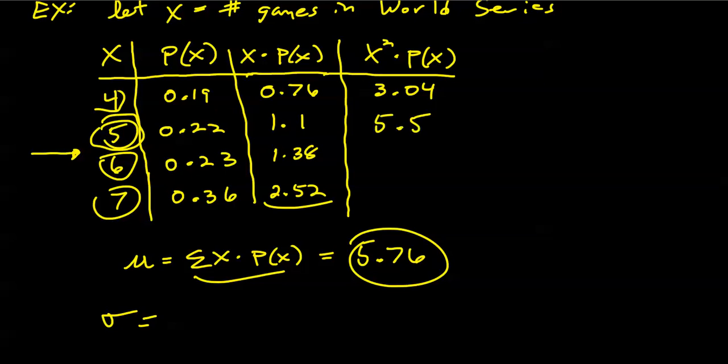Keep as much decimal accuracy as you can stand here. 36 times 0.23 will be the next cell, and it gives me 8.28.